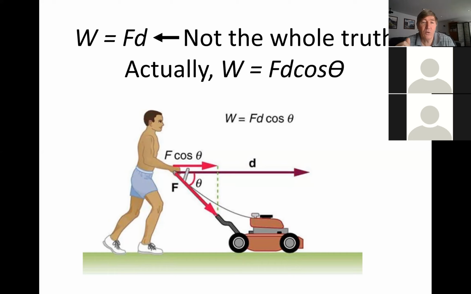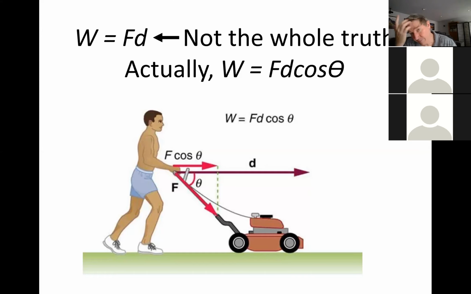So what I'm going to do, because I'm such a nice guy, is that in the quiz I give you today or in coming days, I'm always going to make it easy. I'm always going to assume that the direction of the force and the direction of the displacement, the direction that the thing moves, are pointing in the same direction. Then you don't have to worry about the cosine thing, which many of you don't know.